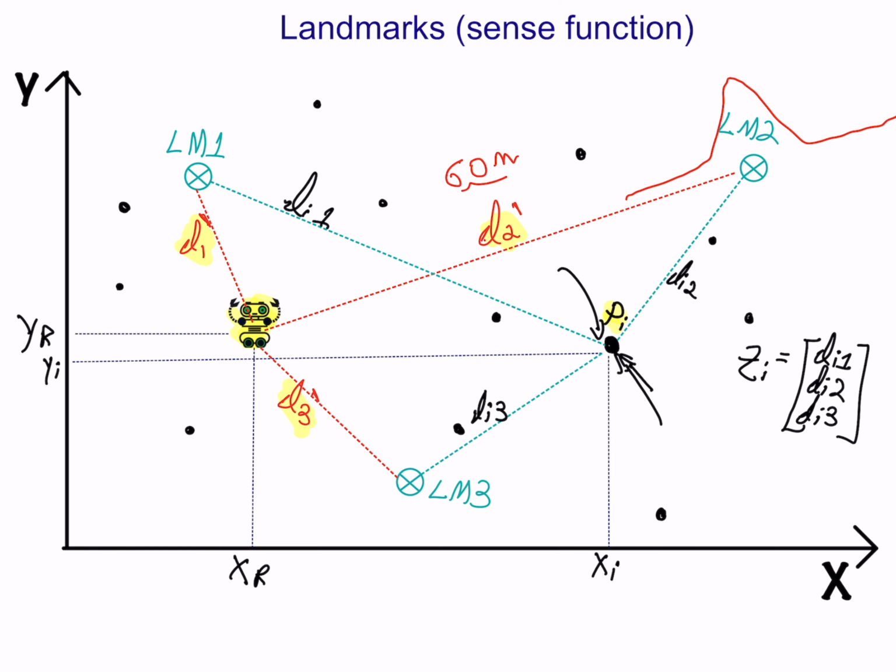Now, what I'm having is the following. I know that the computed distance between the ith particle and landmark 2 is not 60. I know that the computed distance is 30, for example. And again, for each particle, I assume that my true position is the particle's position.